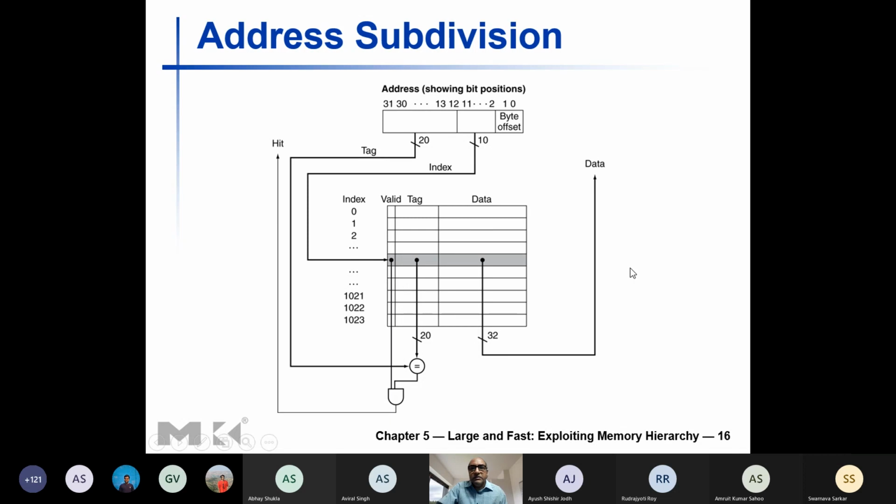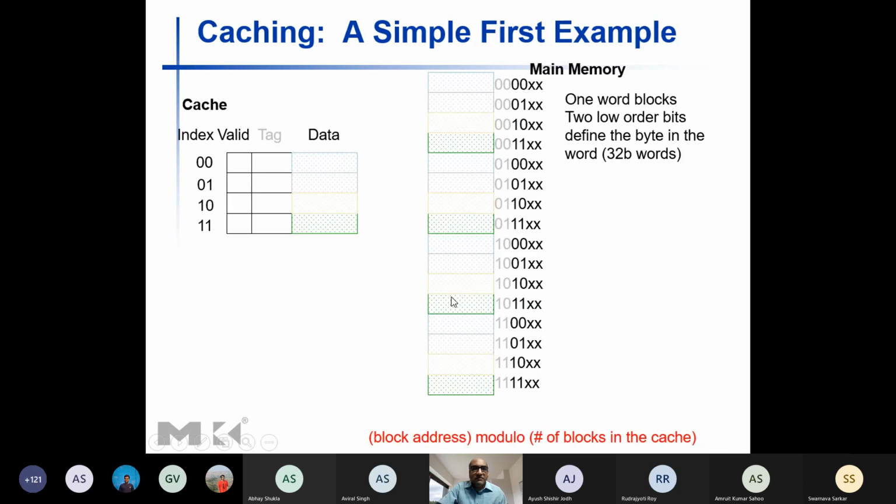This is the same simple example, just with a diagrammatic illustration. Here the block size equals 4 bytes, so the last 2 bits are indicated, just because we're considering the blocks as words. We are not bothered about the lower order 2 bits, because this is the byte offset.